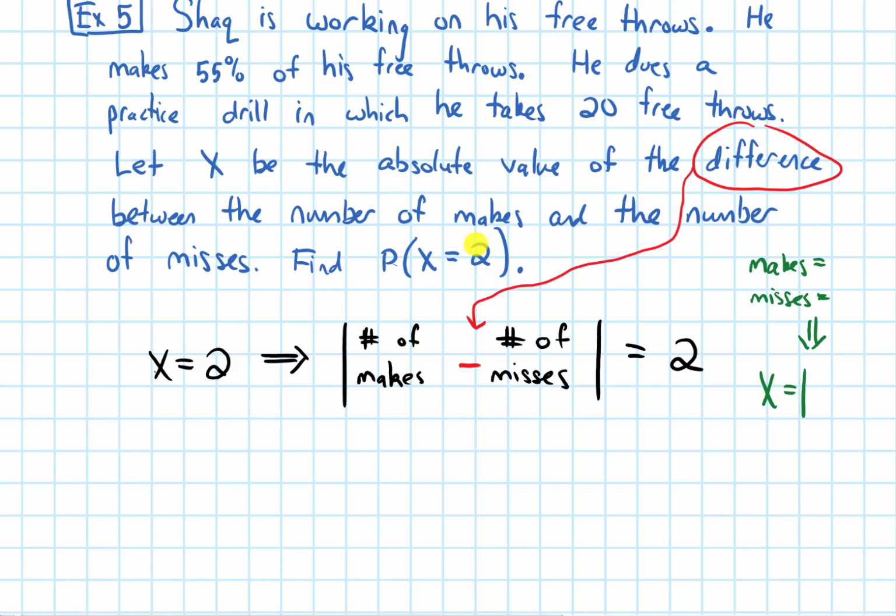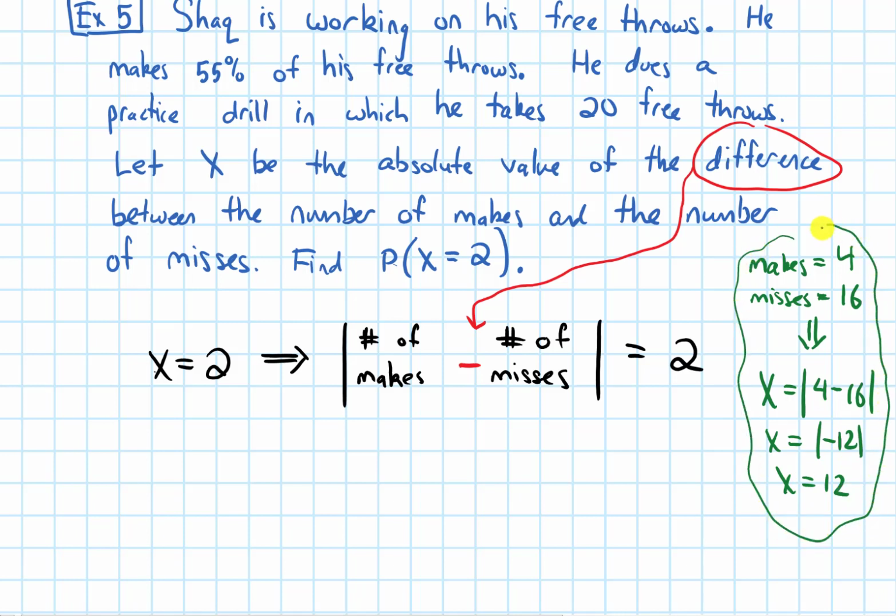He makes 4 and misses 16. 4 minus 16 in absolute value gives us X equals the absolute value of negative 12, which is positive 12. This is just to get a feel for what X is actually computing. That would make X equal to 12, but we want X to be equal to 2.